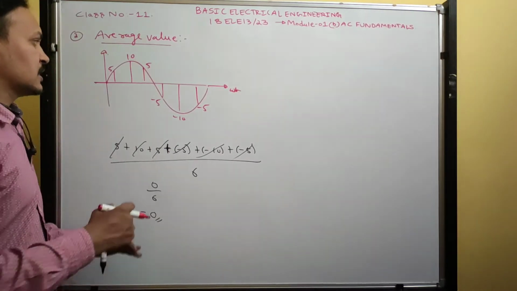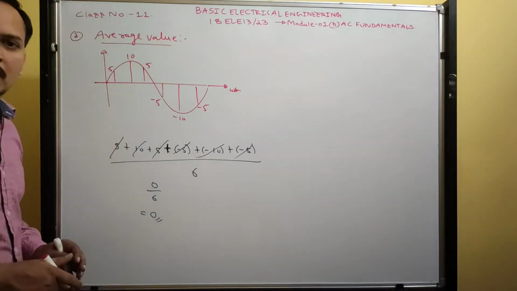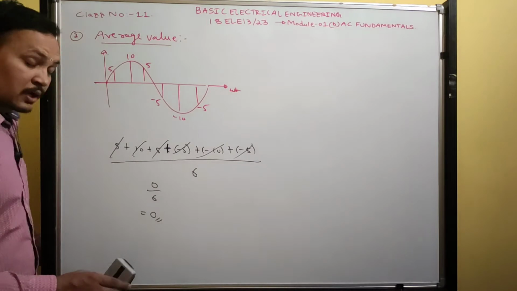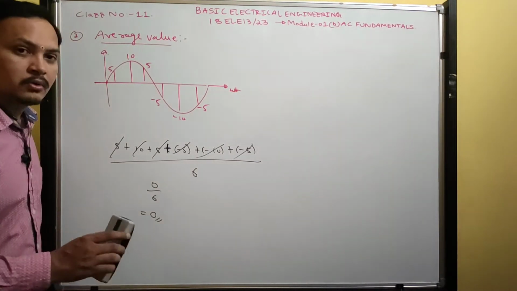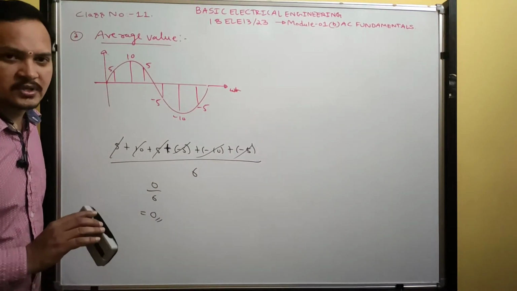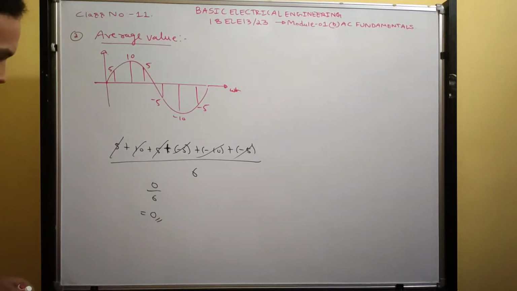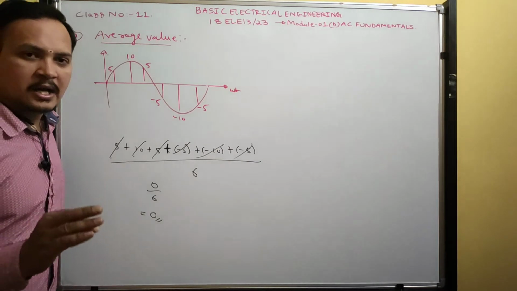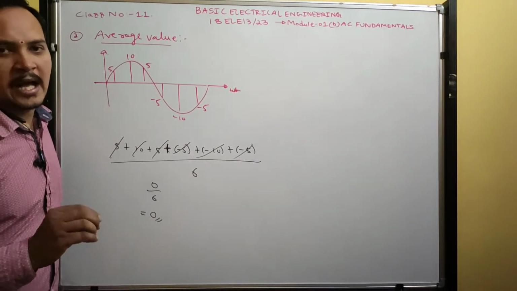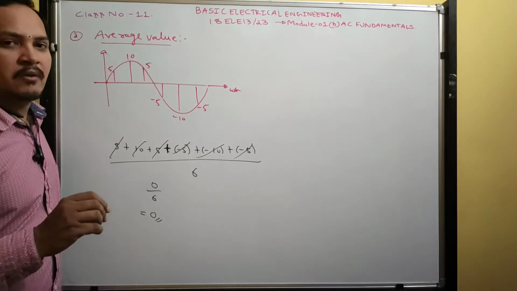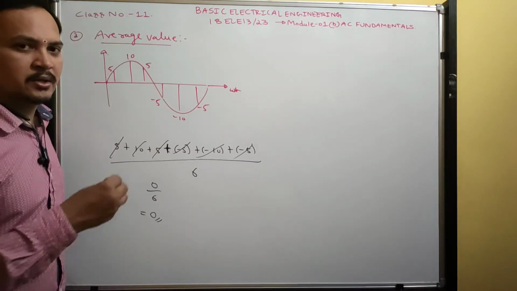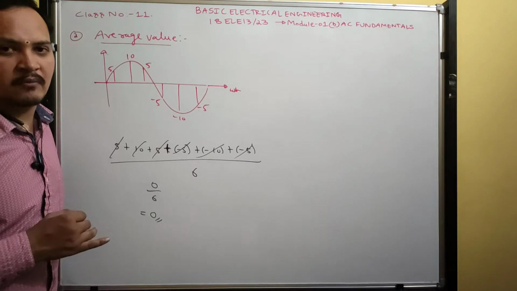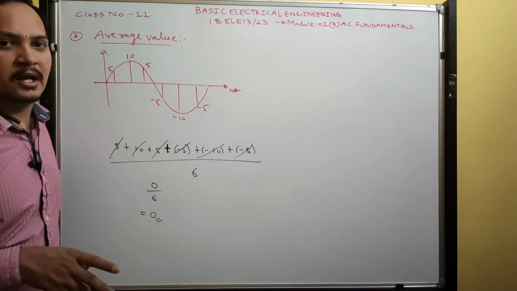Symmetric means it is having equal set of positive and negative values. So therefore, to compute average value, we have to consider only half cycle. And make a note, every waveform will have RMS and average value, because if I pass any supply to the device, heating effect will take place and also charging effect will take place in an electrical network.